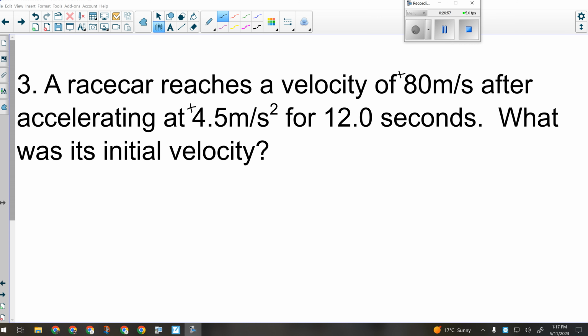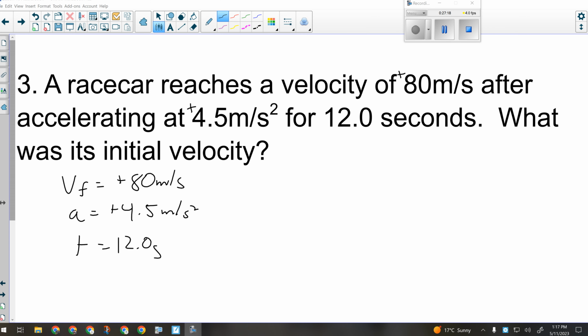It's all just forward. So it reaches a velocity of positive 80 meters per second. That's not what it started at, that's what it finished at. So positive 80 meters per second is our final velocity. It did that after accelerating at 4.5 meters per second squared for 12 seconds. What was its initial velocity?